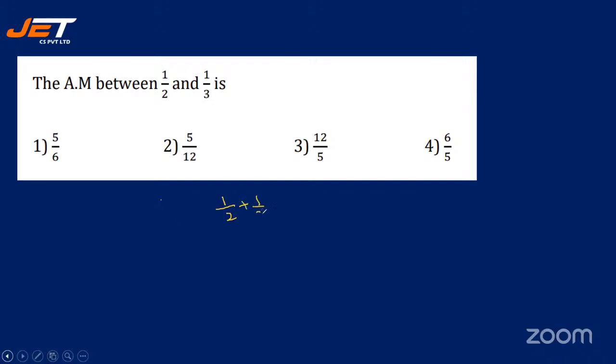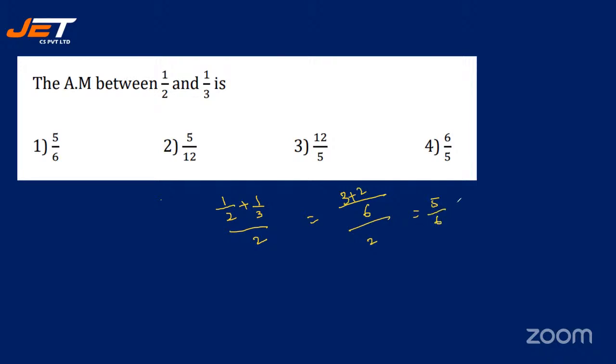Half plus 1 by 3. That's what the arithmetic mean is. Isn't it? So first take the LCM for this. 3 plus 2 by 6.